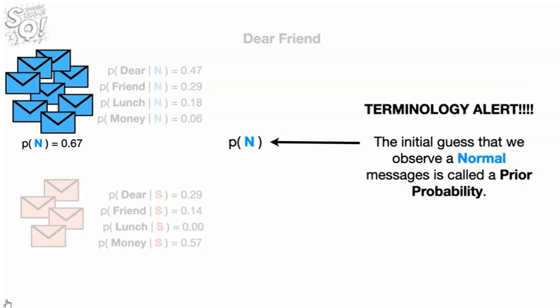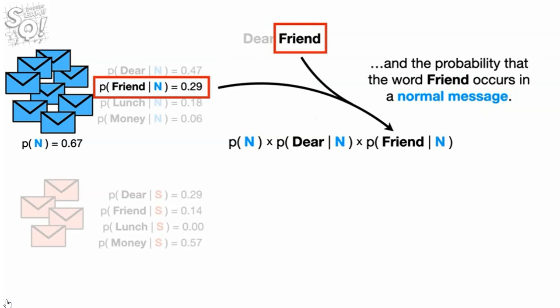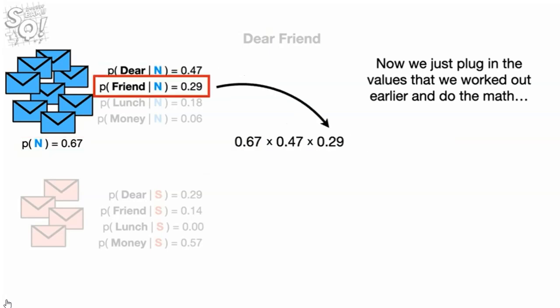The initial guess that we observe a normal message is called a prior probability. Now we multiply the initial guess by the probability that the word dear occurs in a normal message, and the probability that the word friend occurs in a normal message. Now we just plug in the values that we worked out earlier and do the math. Bip boop bip boop bip.